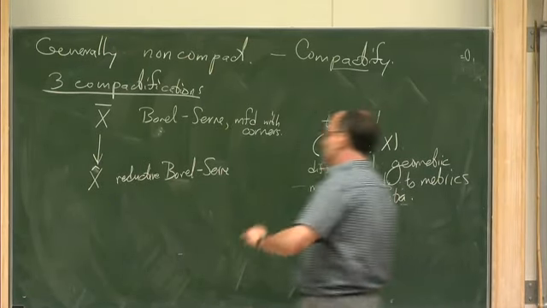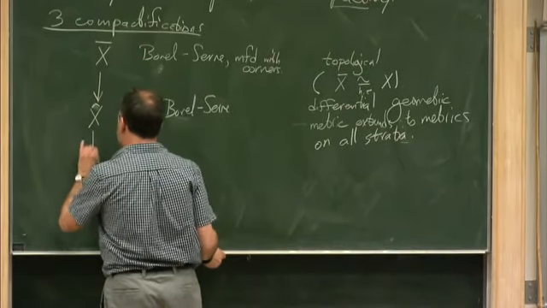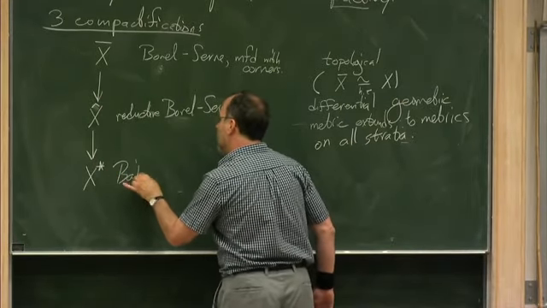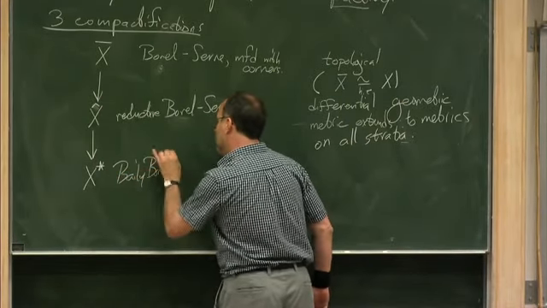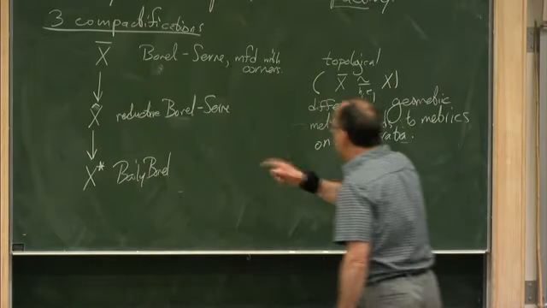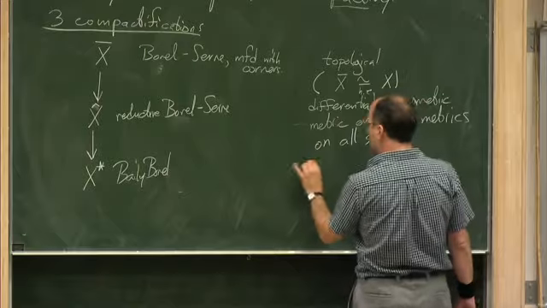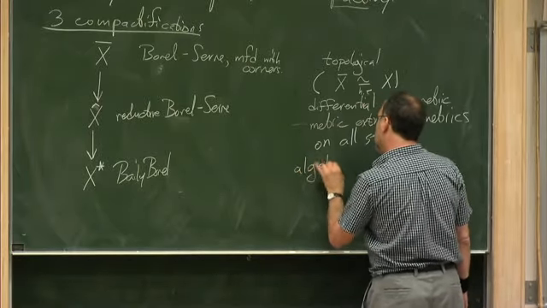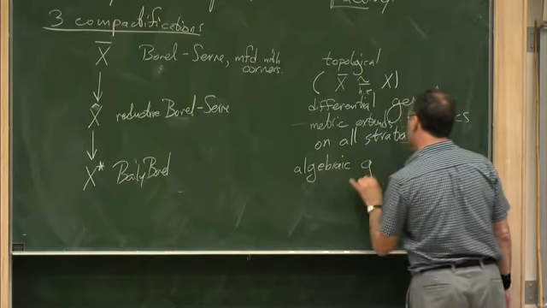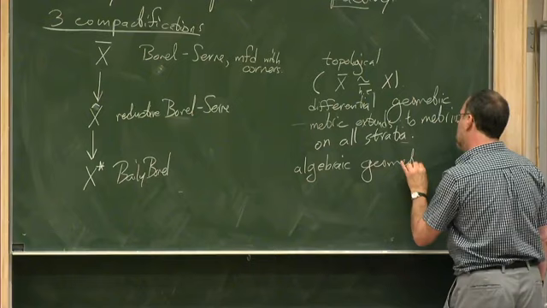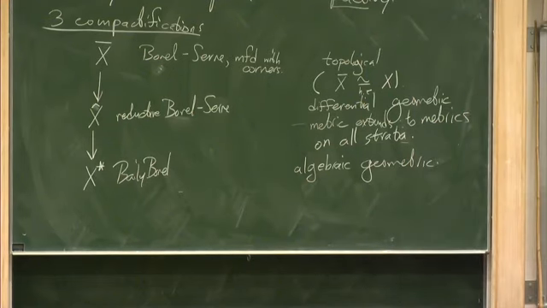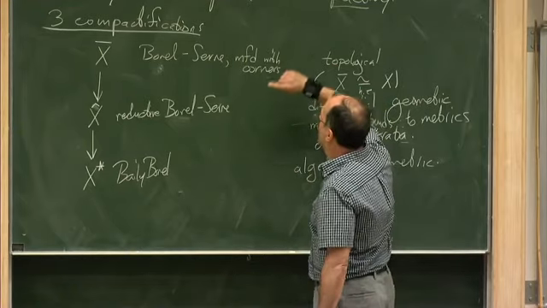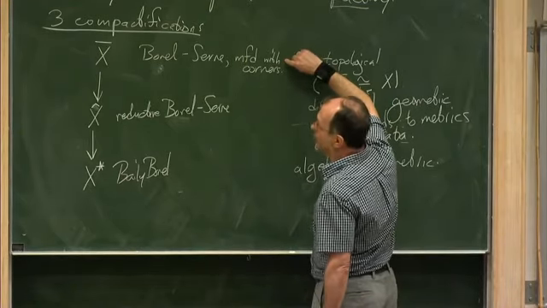And then, in this context, there's X star. This is the Baily-Borel. And this is the algebraic geometric context. So if you're working in algebraic geometry. So what's happening here, this is a manifold with corners.